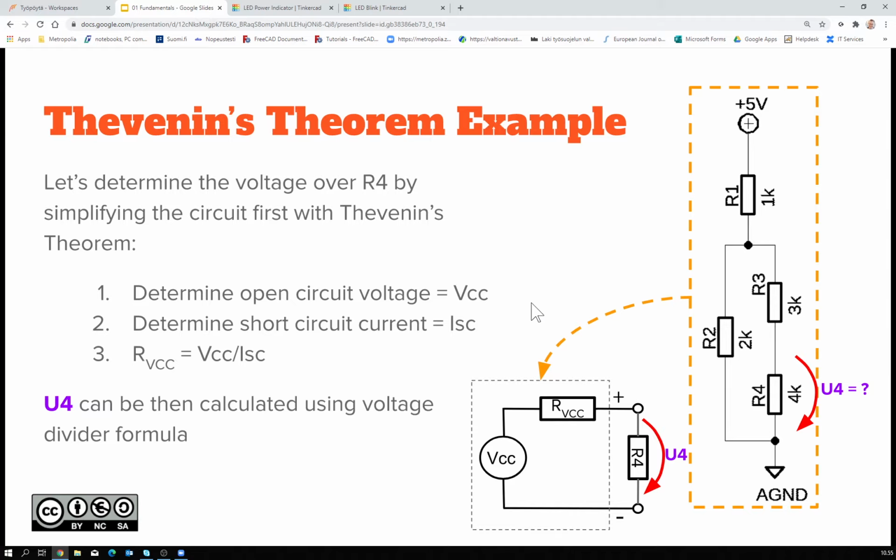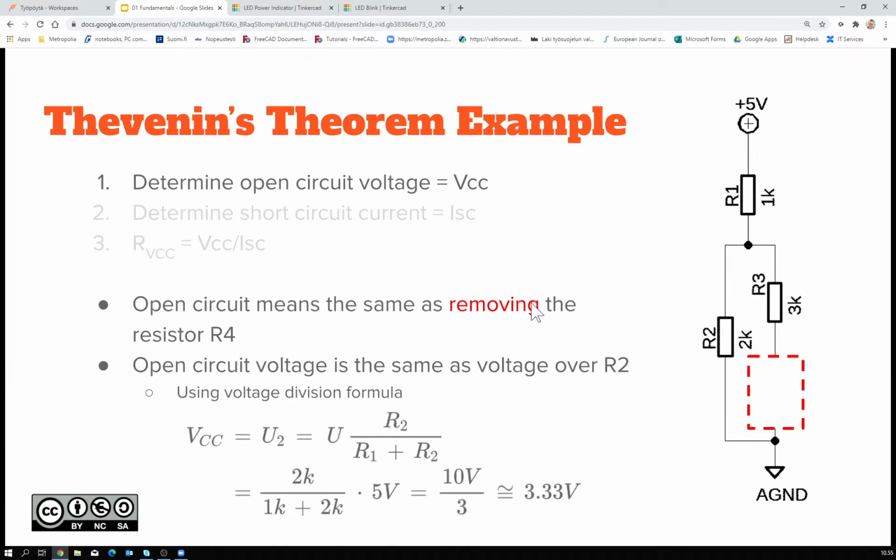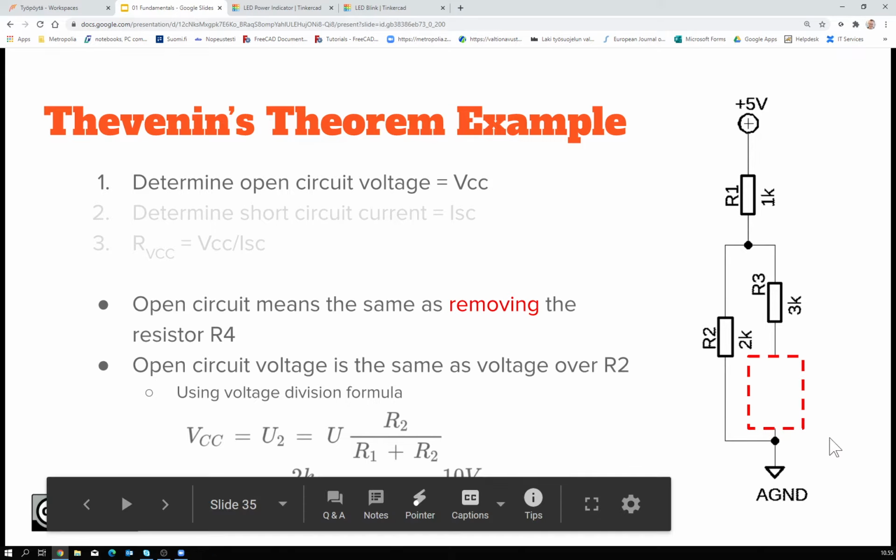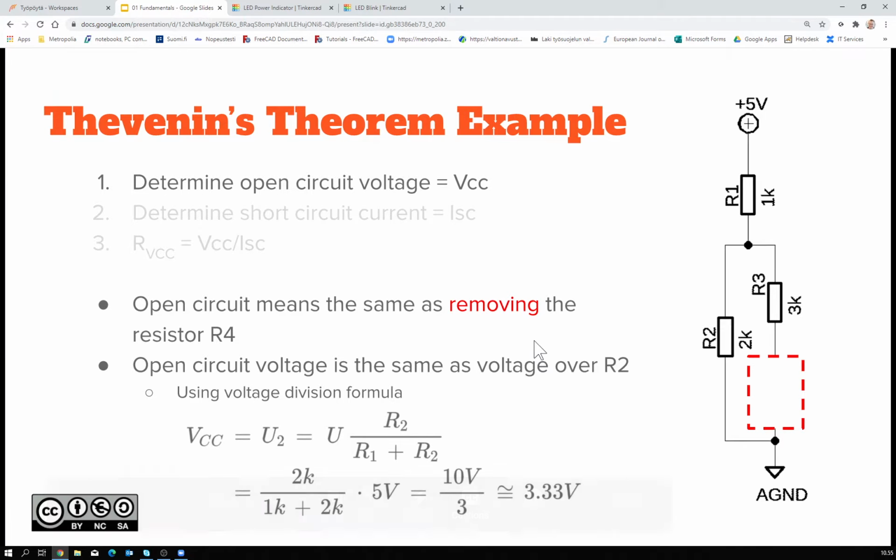Okay, a little bit complicated, right? But it's also a little bit complicated circuit. So first, determine the open circuit voltage. We take out that resistor here, and open circuit means removing the device there.